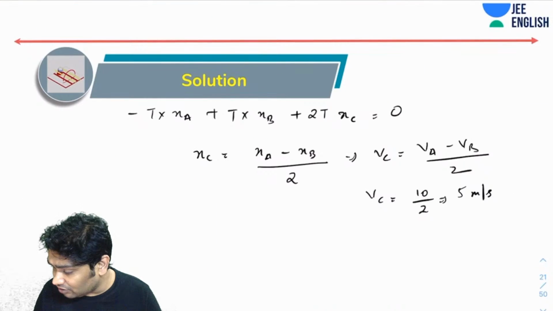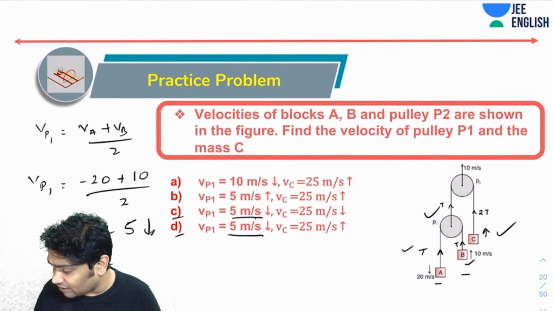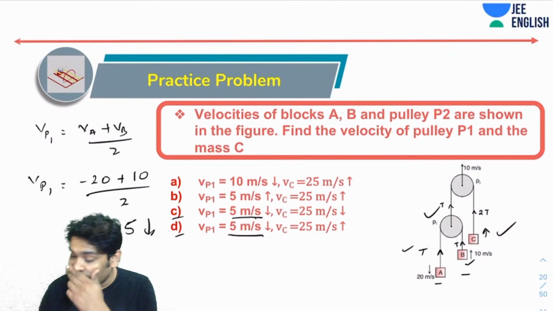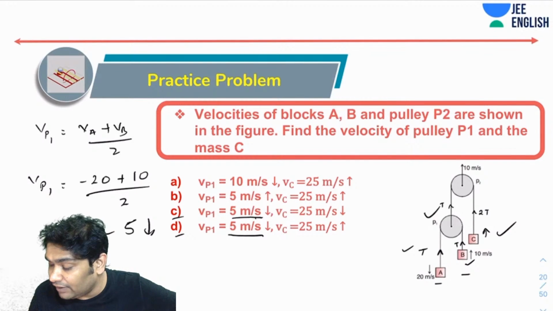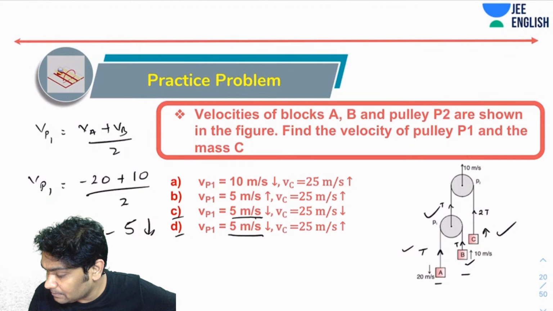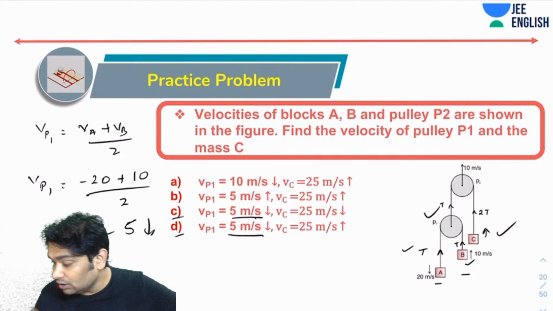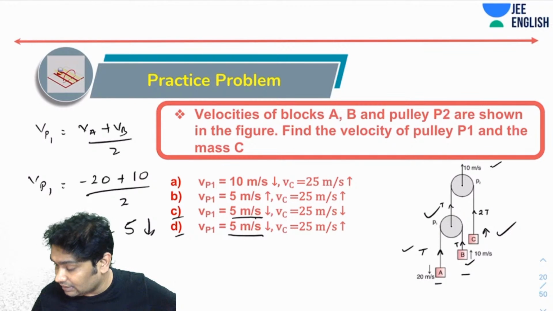How about velocity of C? Why am I getting a different answer for that? Okay, let's see what is happening. Either they haven't given the ground frame velocity, or there is something else. I need to add this.